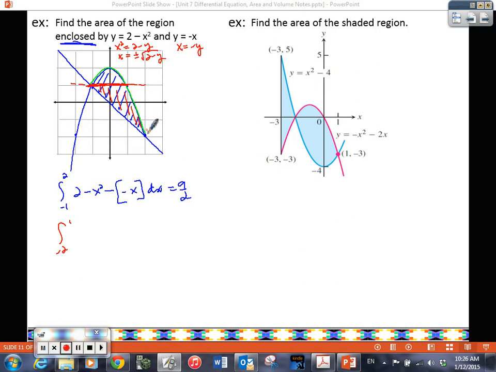Is the positive one. We're on the right side, so it's a positive one. So I would have to do parabola, which is the square root of 2 minus y, minus the line, which is negative y, dy. Okay, that would be one integral if we were doing it with respect to y.